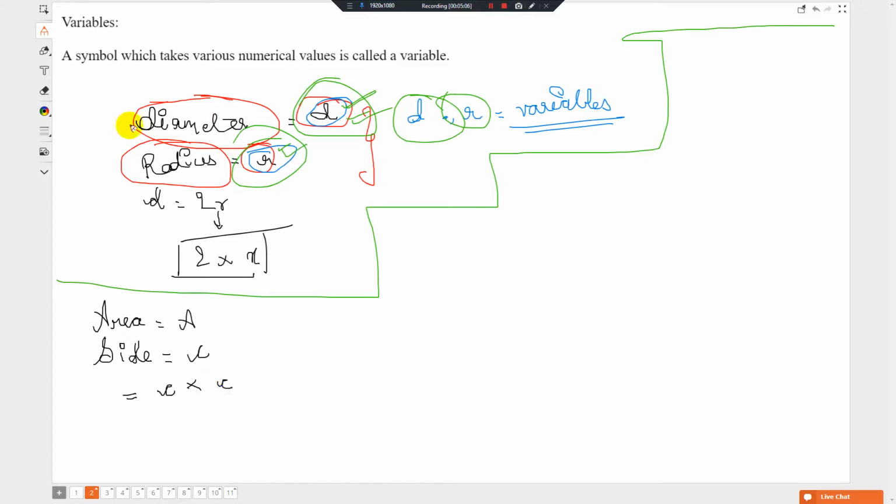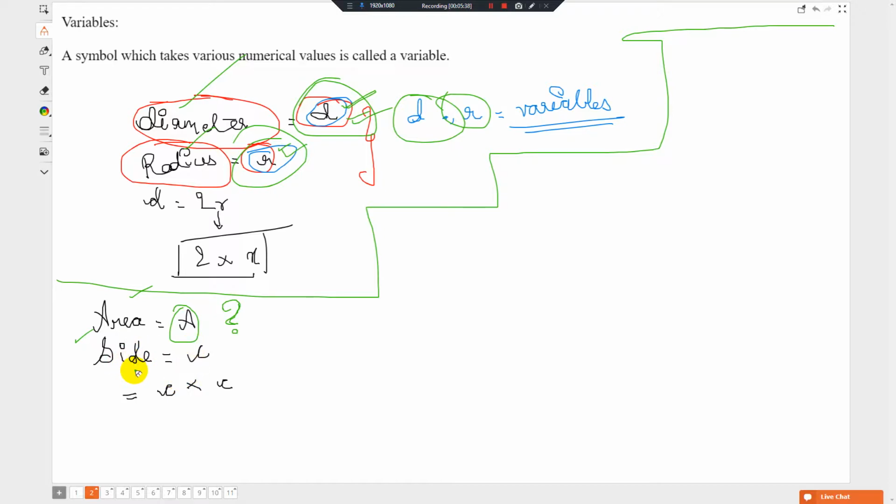Doesn't it have many values? Like the diameter, here we took A for area. Any number can denote the area. Not only c, any number; numbers also it denotes, letters also it denotes.